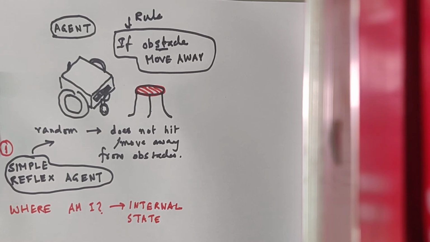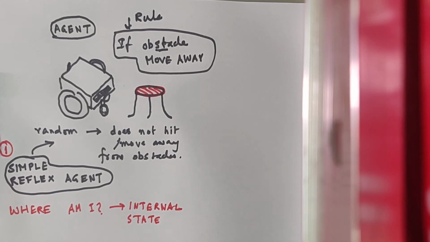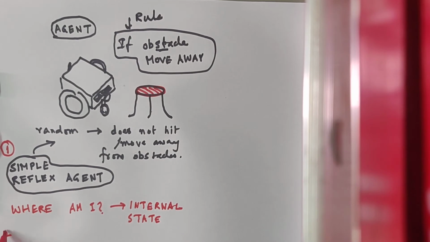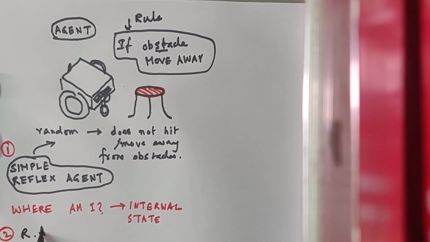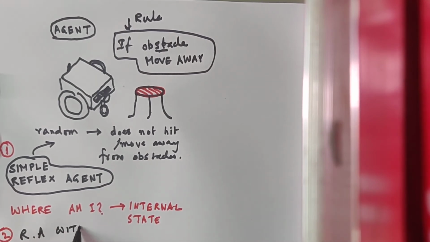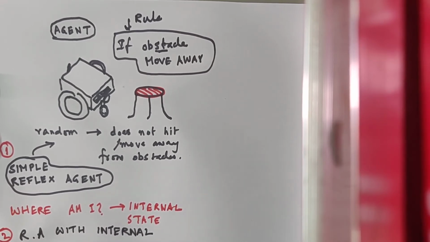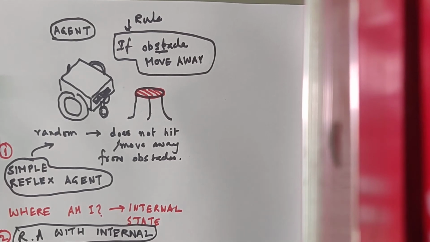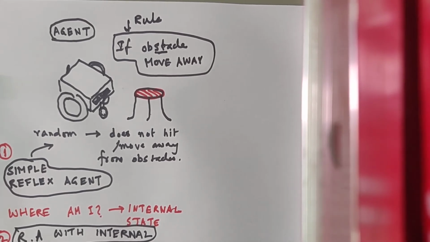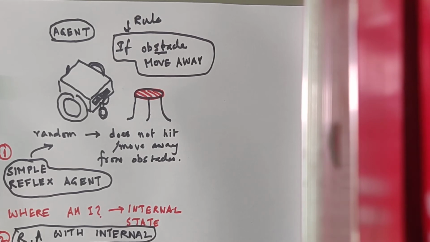So now this is a bit smarter agent, which is called RA, means reflex agent, with internal state. It has a sense of internal state now, like location.